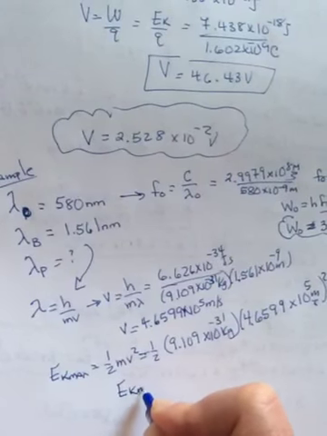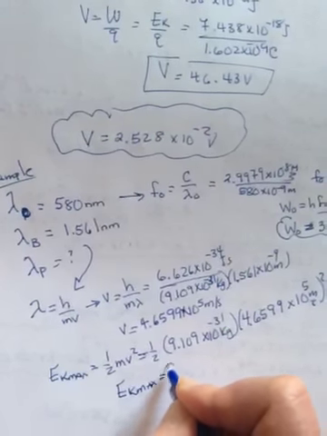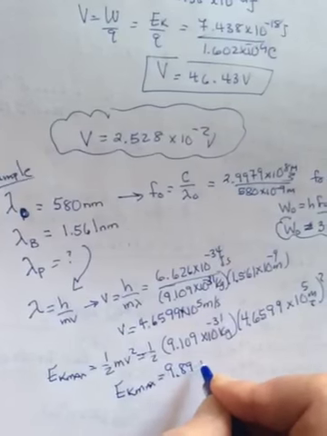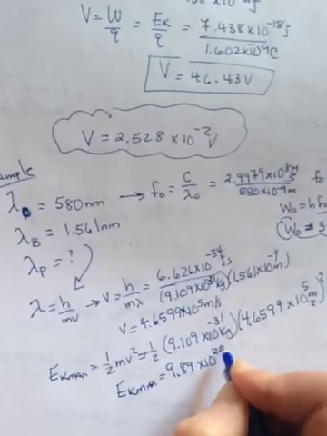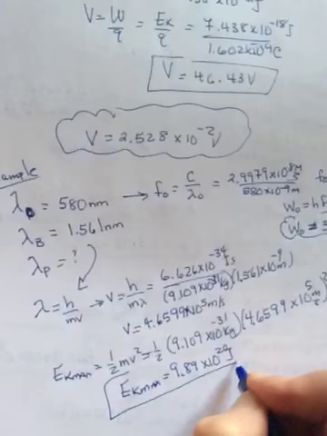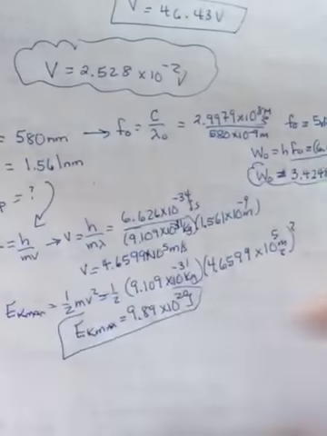And so you get E K max to equal 9.89 times 10 to the negative 20 joules. So you have your E K max and you have your W O.